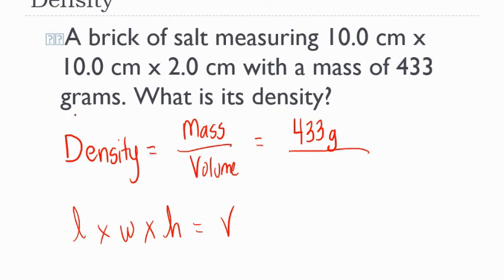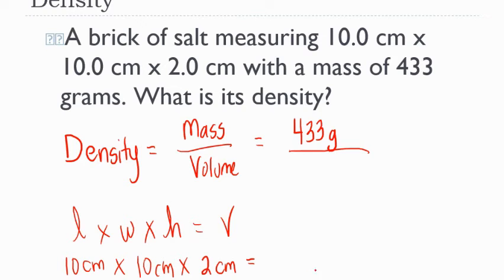So we need to calculate our volume. Our length is 10 centimeters. Our width is 10 centimeters. And our height is 2 centimeters. So I'm going to multiply 10 times 10 times 2. Better do that in your head.